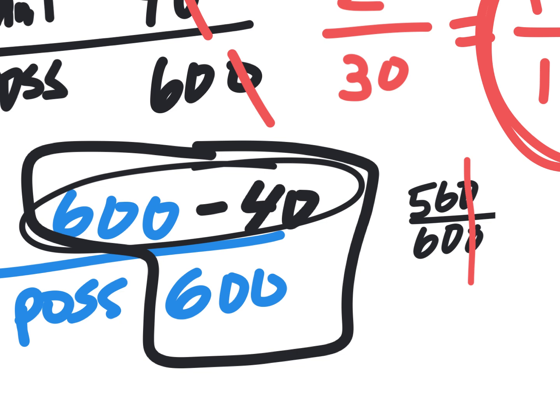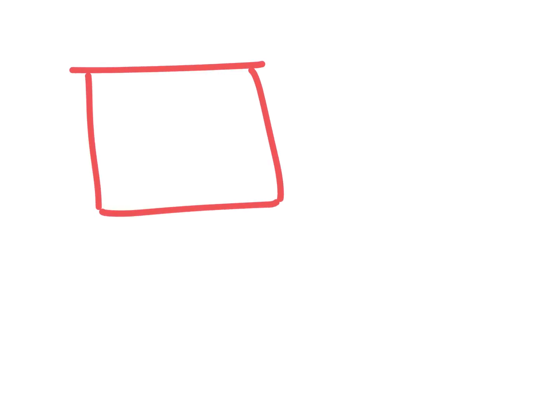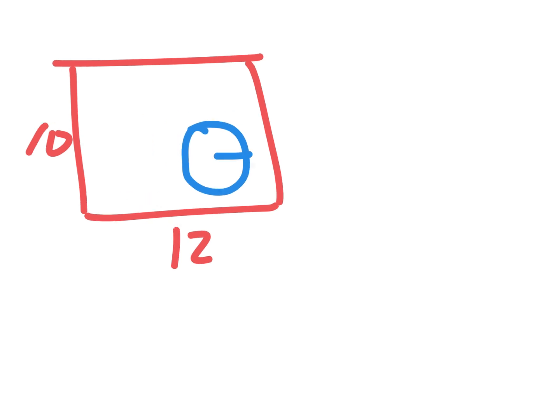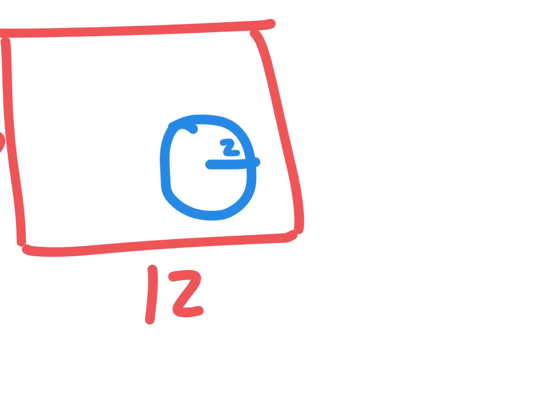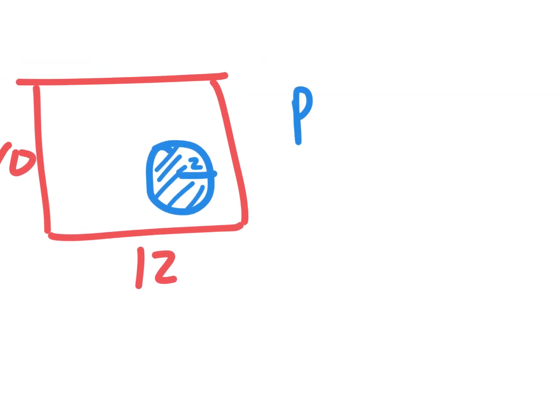So just try these two as nice, clean, normal, easy problems like this. This is going to be 10 by 12. Inside, we're going to have a circle that has a radius of 2. And we're going to say probability of hitting the circle. Give it a shot.